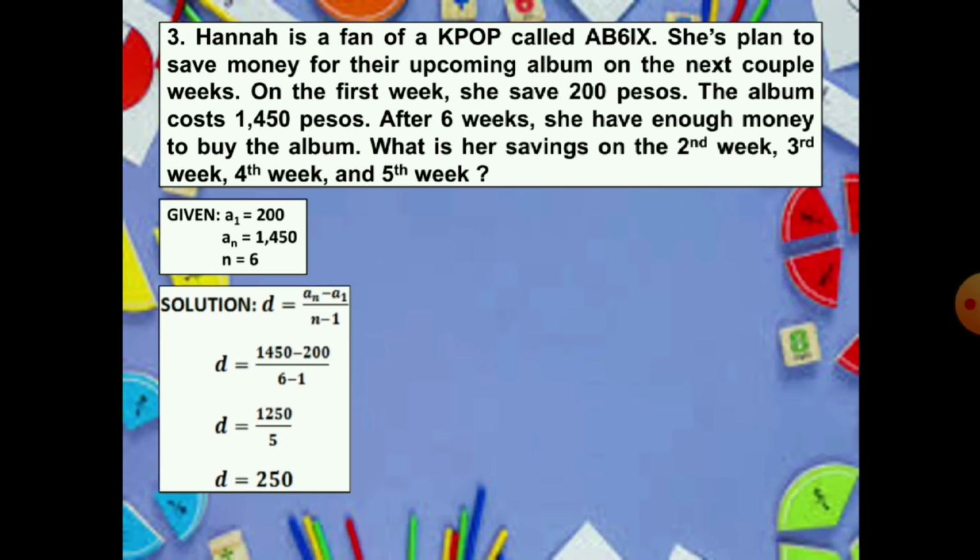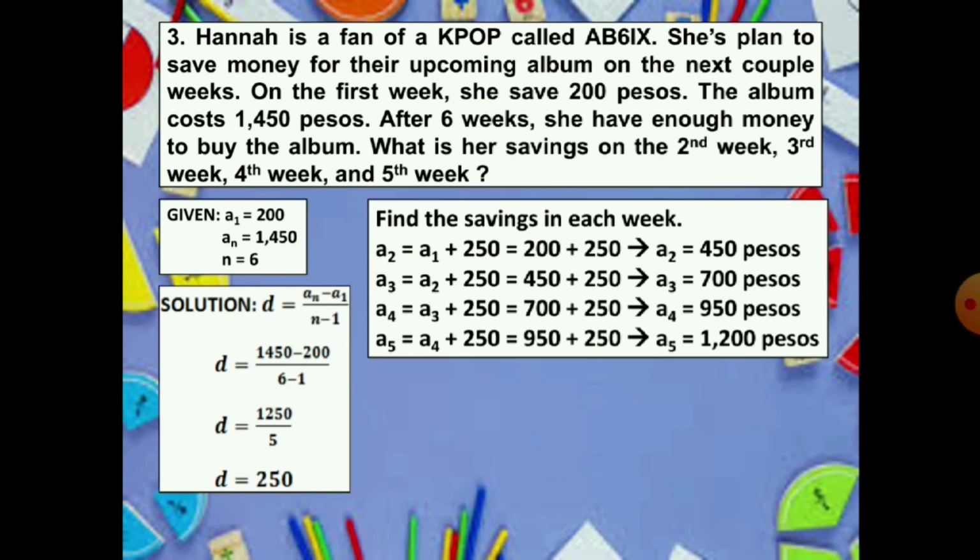By substituting all the values, d is equal to 1450 minus 200 over 6 minus 1. Next, d is equal to 1250 divided by 5, and d is equal to 250.